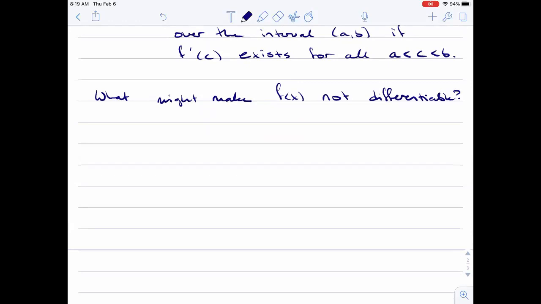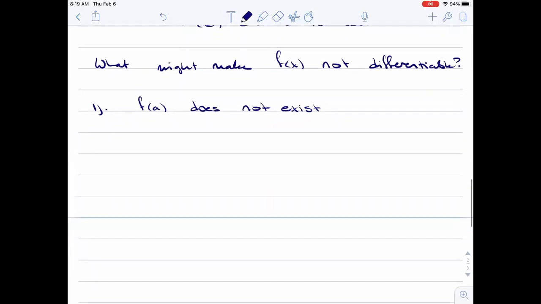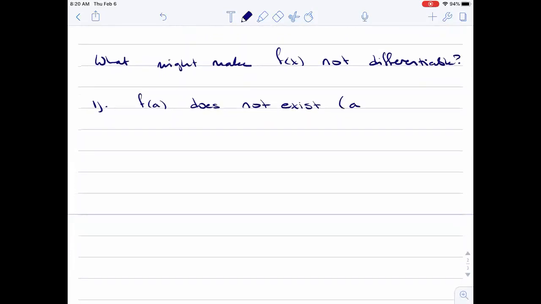Okay, so what does it look like if f of x is not differentiable at a point? The first thing is, of course, if f of a does not exist, meaning that a is not in the domain.